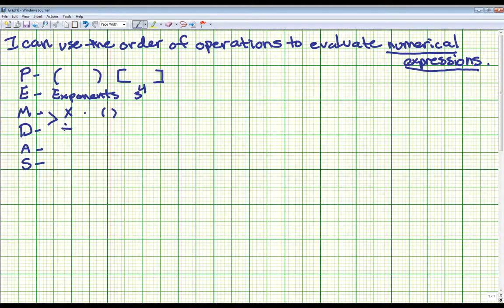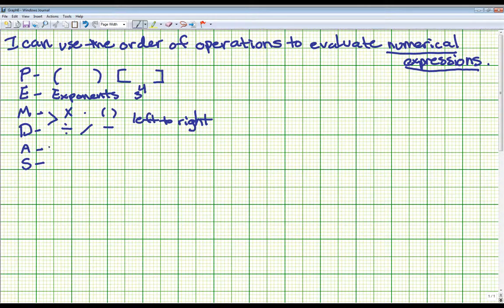We have the typical division sign you probably learned in elementary school. You can use a slash bar or a fraction bar to show division as well. So these are done at the same time, and you do them from left to right like you read a book. So if you're looking at an expression that has lots of things to do, you go from left to right, whatever multiplication and division happens first and all the way to the last.